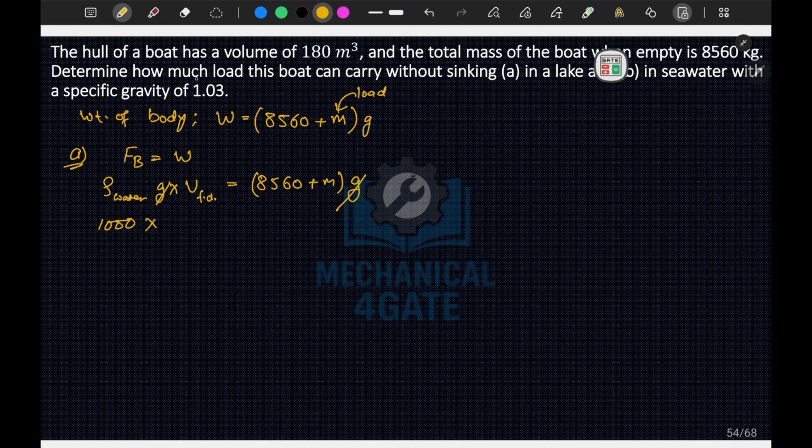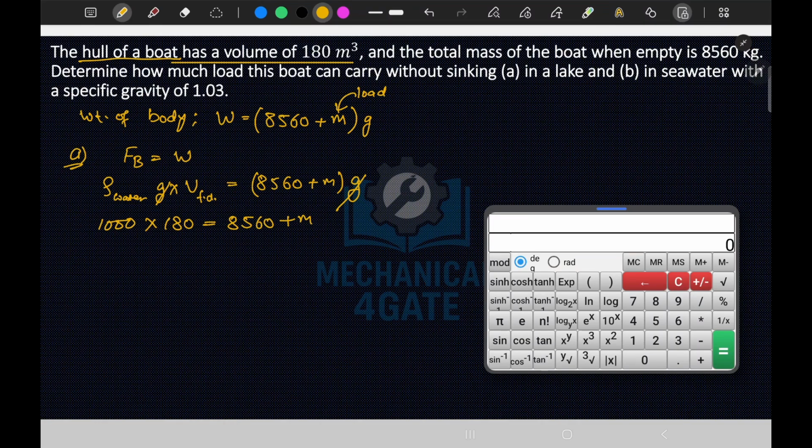For maximum load, your volume of fluid displaced should be equal to your volume of hull. Okay, 180 meter cube is equal to 8560 plus m. So let's solve this.